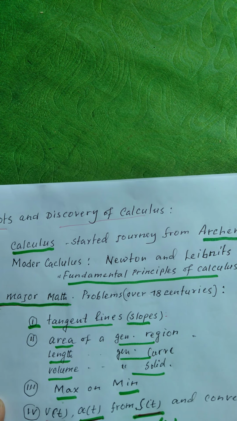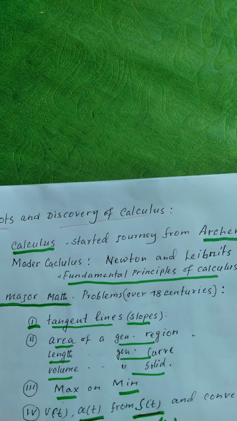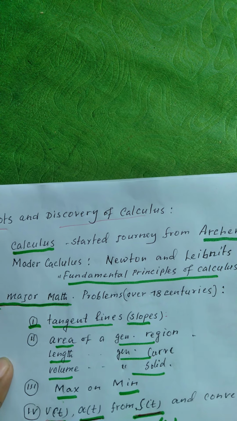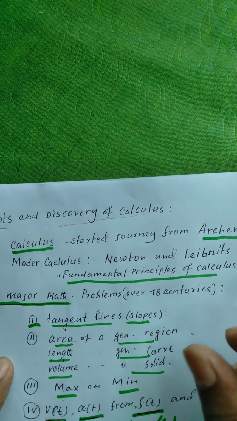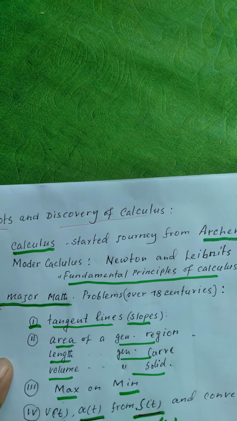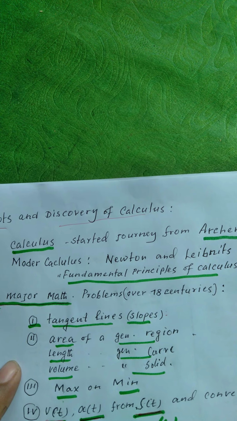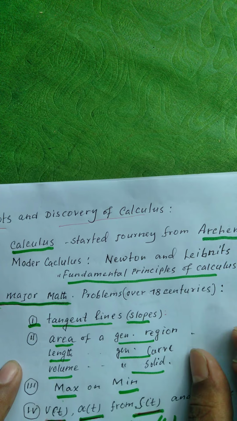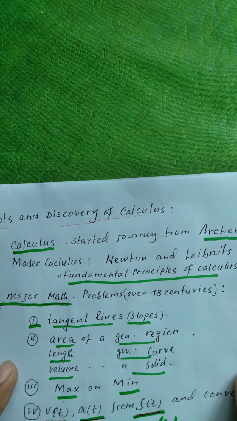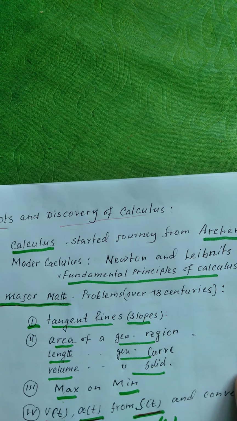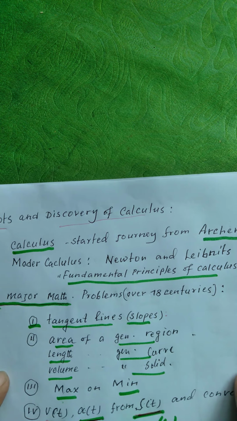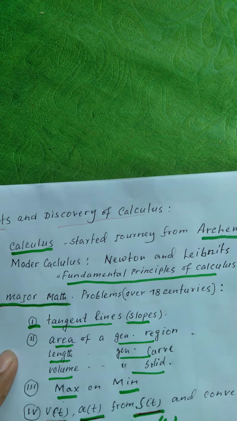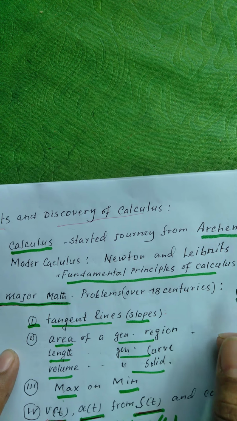This type of shapes they calculated, but modern calculus started its journey by discovering the fundamental principles of calculus in the second half of the 17th century, with the discovery of the limiting concept and continuity concept.